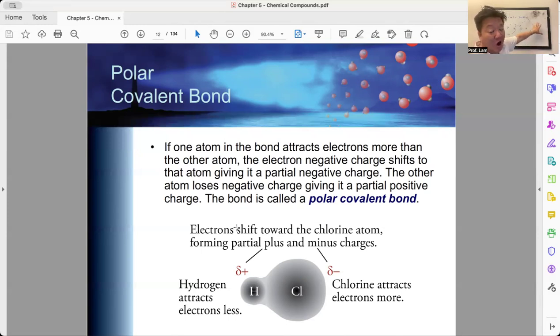So they are going to hog electrons also when they are doing covalent bonding. Therefore, elements on the right side of the periodic table, which tend to be non-metals, are more electronegative than the elements on the left side of the periodic table, because those are metals. And metals like to lose electrons to get to the noble gas configuration.